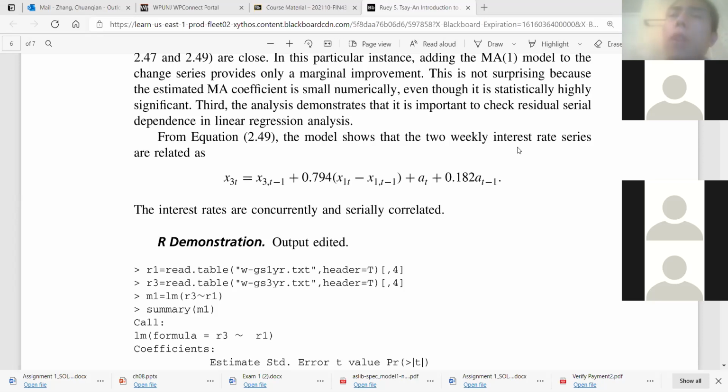Usually the higher the frequency of the data you use, the more serious the correlation along the time series because of momentum. For example, if the interest rate yesterday is very high, the chance that today it suddenly goes down is very small. They more or less keep a similar range and then gradually decrease or increase, right?